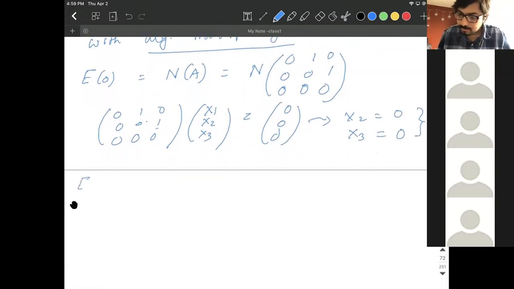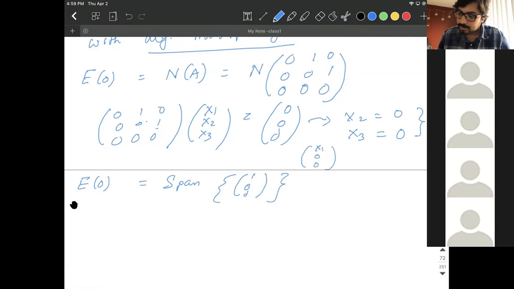So E0 is given by, well, not by definition, but just equality, span of 1, 0, 0. Since anything is of this shape, x1, 0, 0, so this is x1 times 1, 0, 0. So it's just the span of this. So the dimension of E0 is 1.